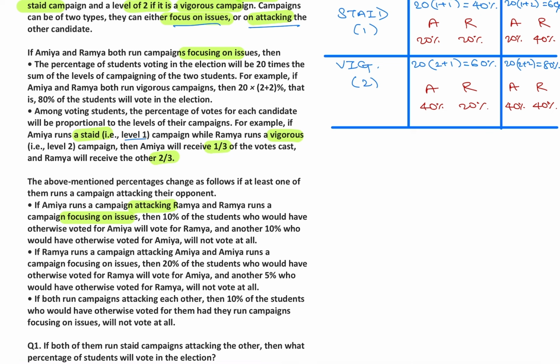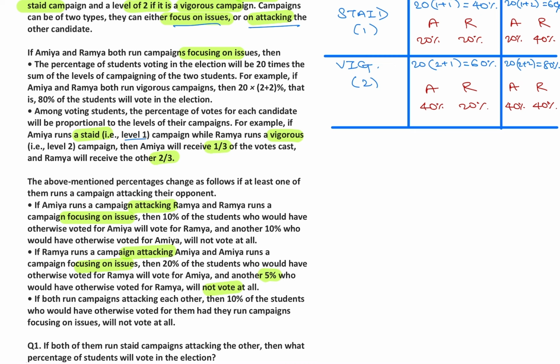We are talking about Amya here. Now let's see for Ramya. If Ramya is attacking Amya and Amya is focusing on issues, then 20% who would have voted for Ramya will now vote for Amya, and 5% who would have voted for Ramya will now not vote at all.